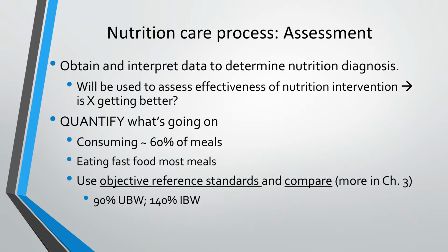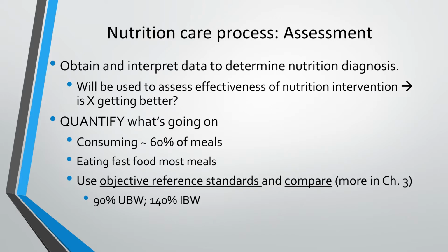Are they now eating 30% of meals, or are they now eating 80% of meals? Even if you just say eating fast food most meals, that at least gives me some sort of indication that, if the patient was now eating fast food twice a week, that would be an improvement. So you could document that.